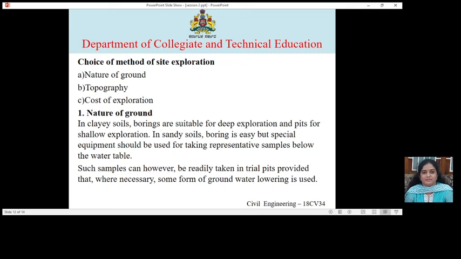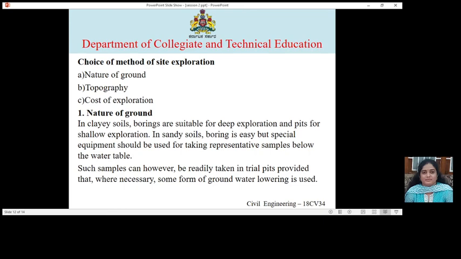In clay soils, borings are suitable for deep exploration and pits are for shallow exploration. In sandy soils, boring is easy, but special equipment should be used for taking representative samples below the water table. Otherwise it will be disturbed.